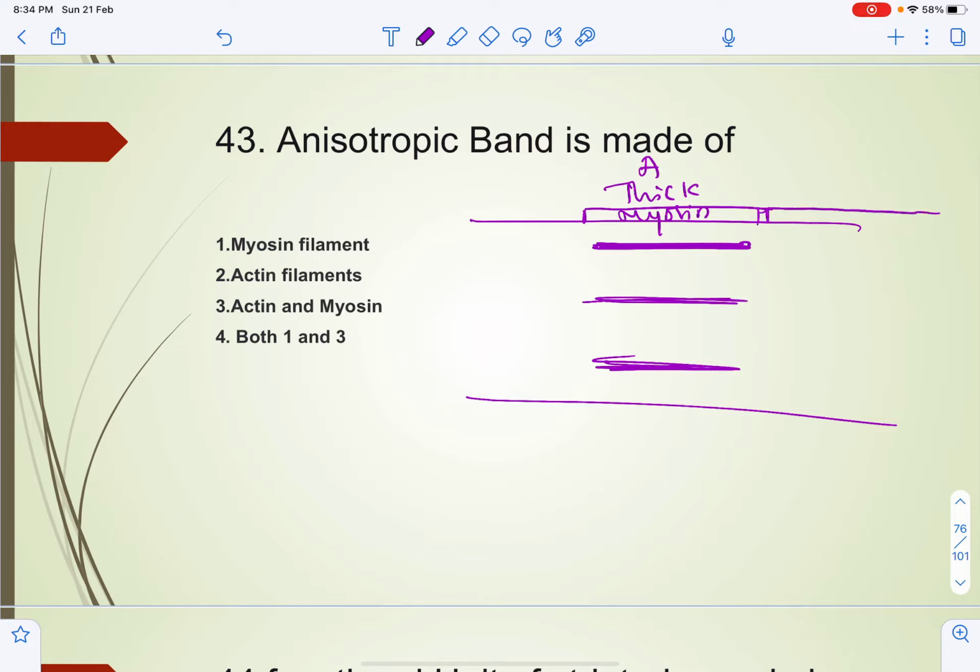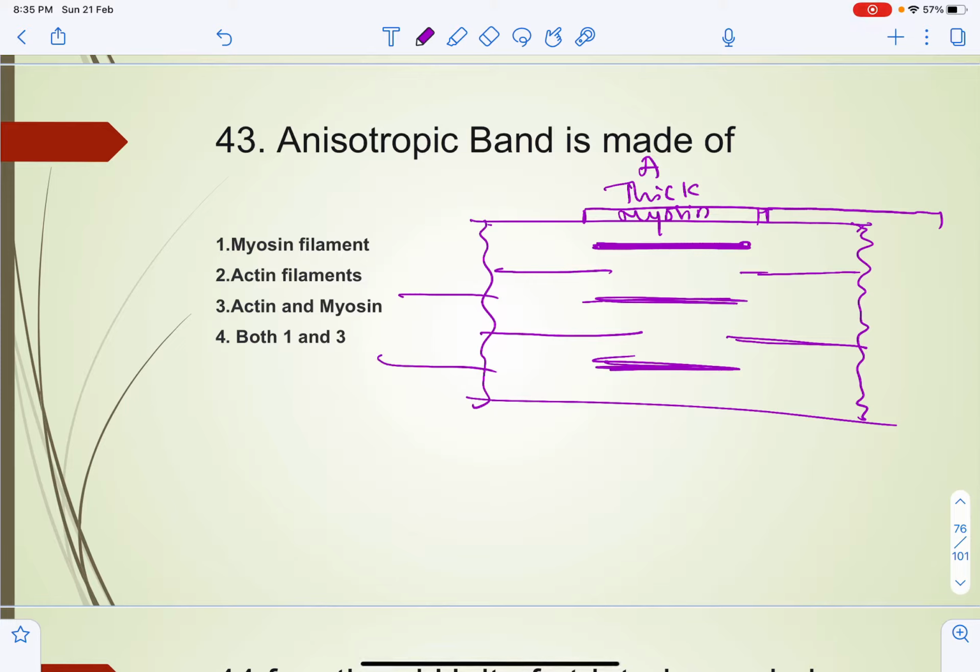In the center of the I band we can see the Z line, and to that Z line we can see the attachment of the actin filaments. These actin filaments overlap into the A band. The I band is thin and made up of actin.